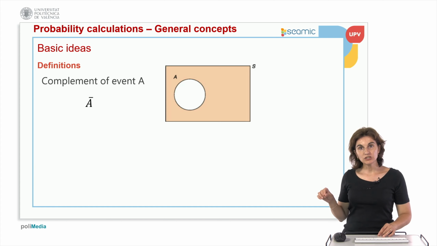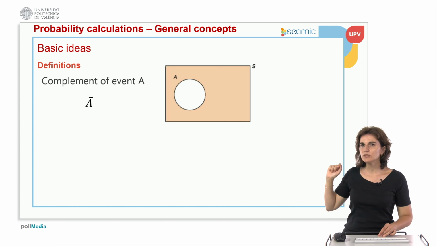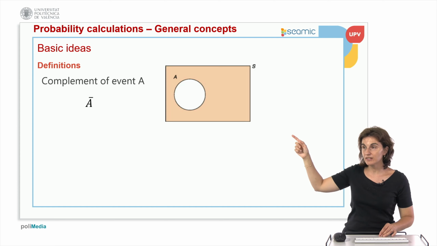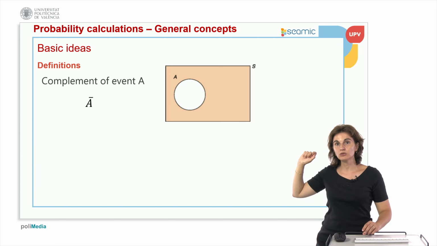Some useful definitions that we will use in this course. One of them is the complement of an event A. Notice that we are using uppercase letters to refer to events, and we use the name of the event, such as it was shown here.